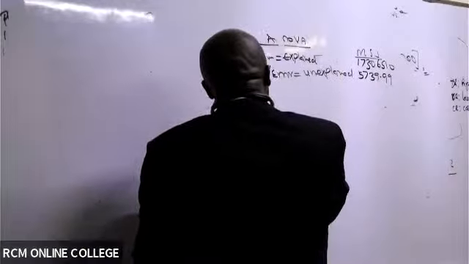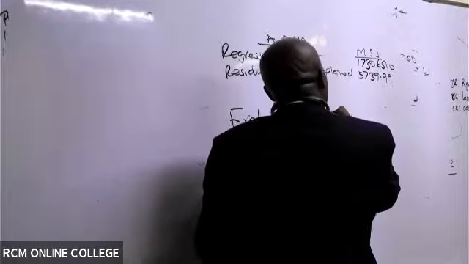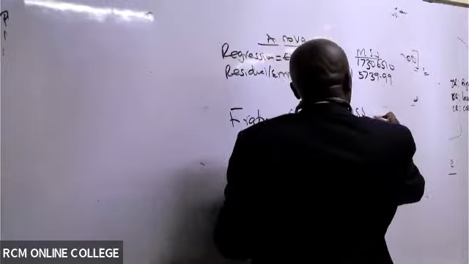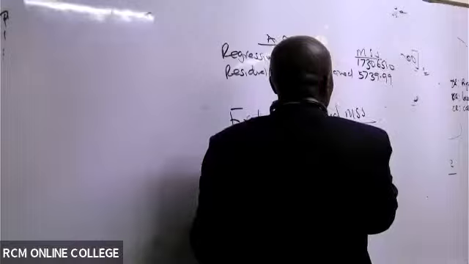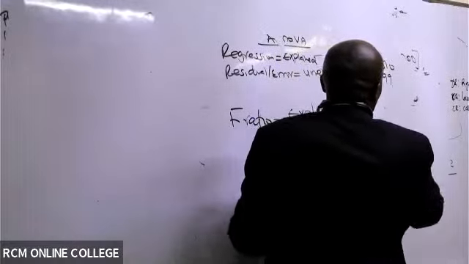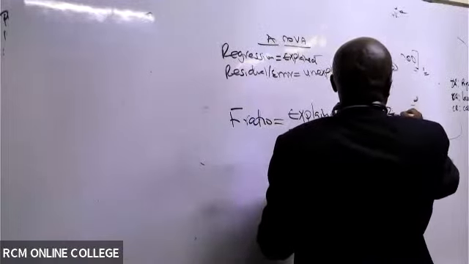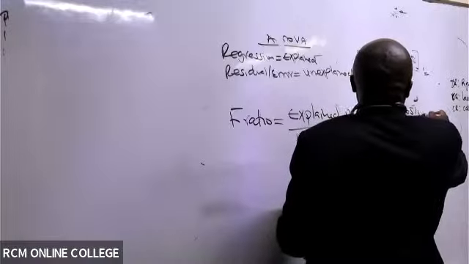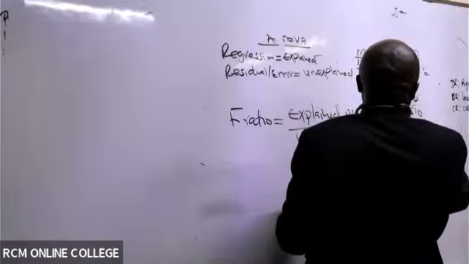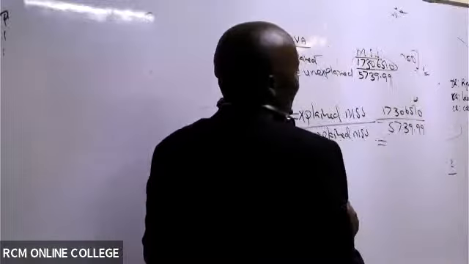To get the F ratio, we always take the explained MSS over the unexplained MSS. So explained MSS is this one, 1730.6510, all over 5739.99. Are you able to give me this answer yourselves?